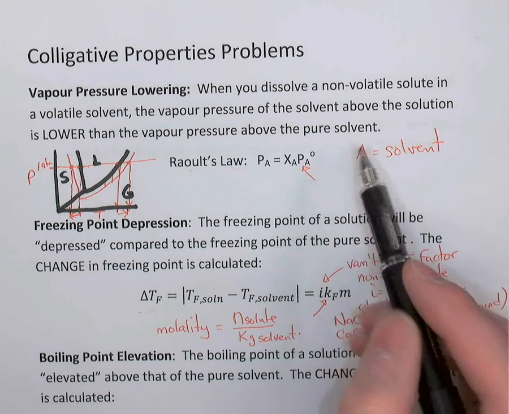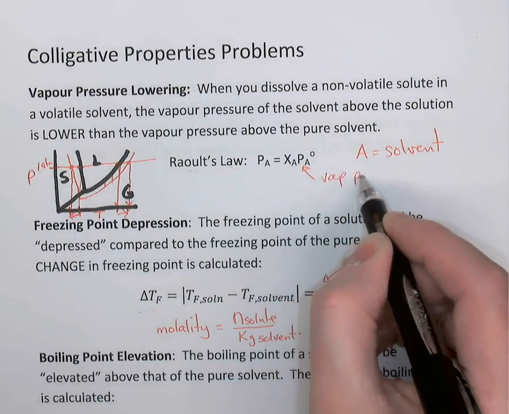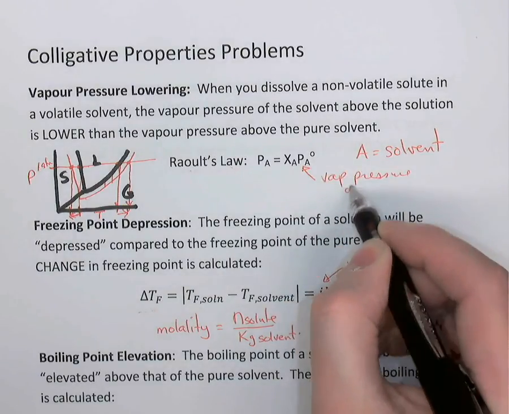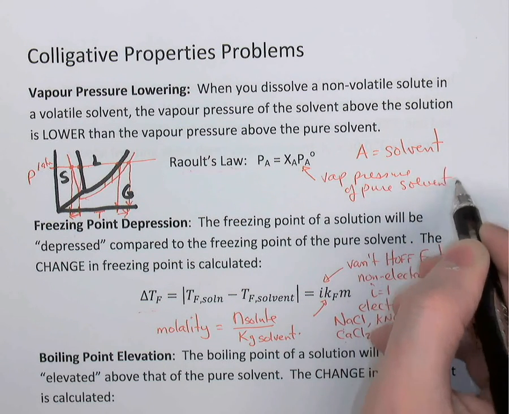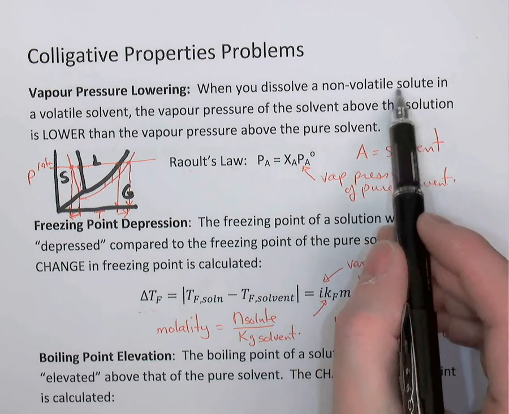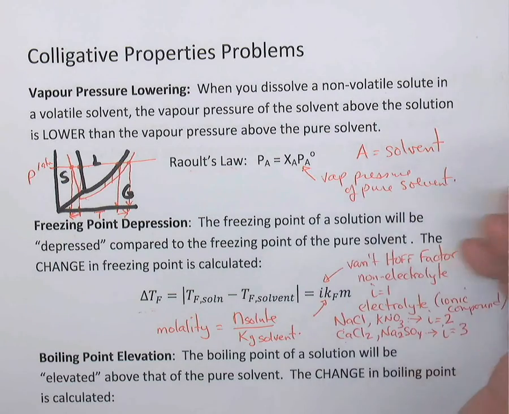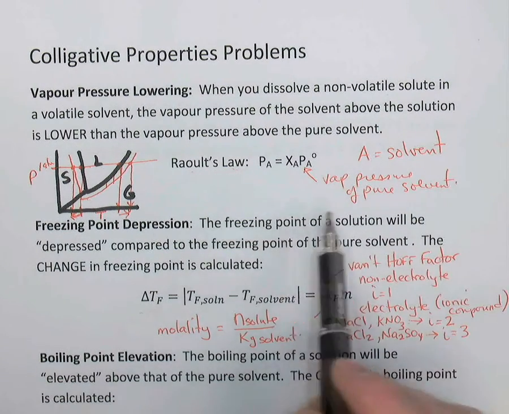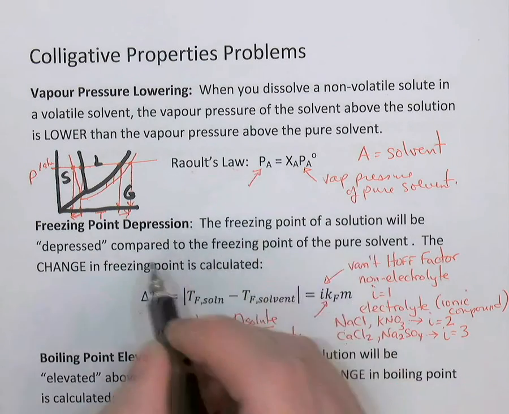The degree symbol there means the pure solvent. So this is the vapor pressure of pure solvent. Remember that the only thing that's evaporating is the solvent, because our solute is considered non-volatile. It does not evaporate. If your solute does evaporate, then it's a little bit more complicated than this, but we're not going to look at that.